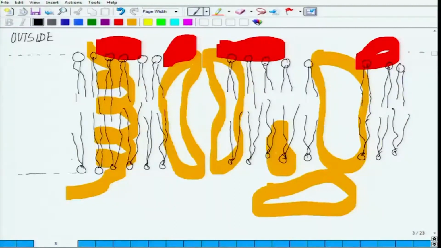and this is the lipid bilayer out here, the lipid bilayer, and this is inside the cell, as I was drawing for you previously.